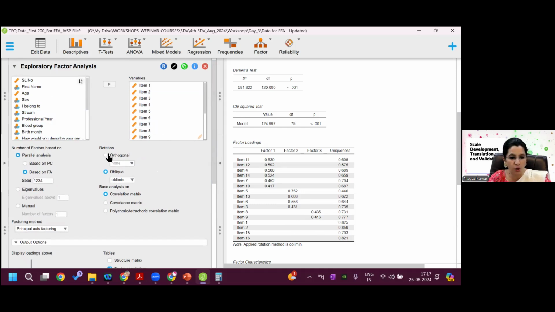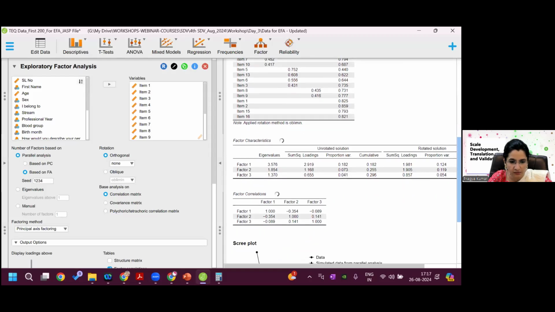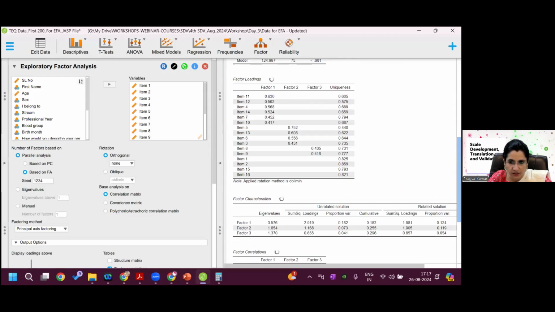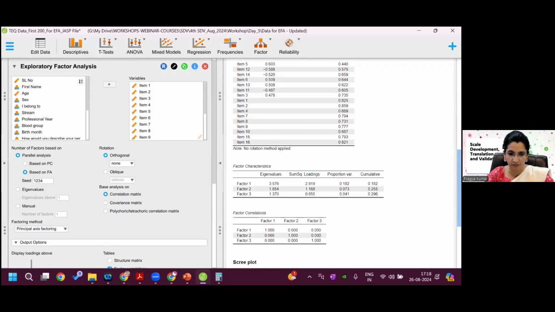Now if you click orthogonal instead of oblique, you can see the factor structure. Here at the bottom it says no rotation method applied, because in orthogonal I have not selected one. Varimax is the most important, which uses the maximum variance.